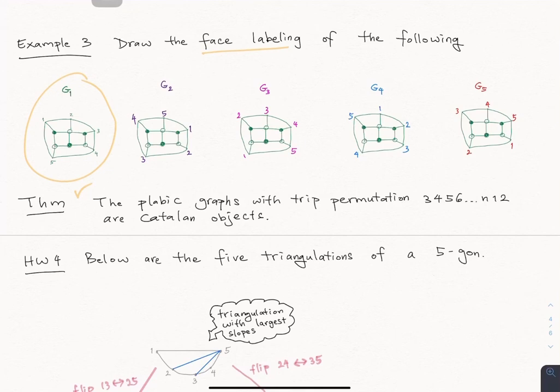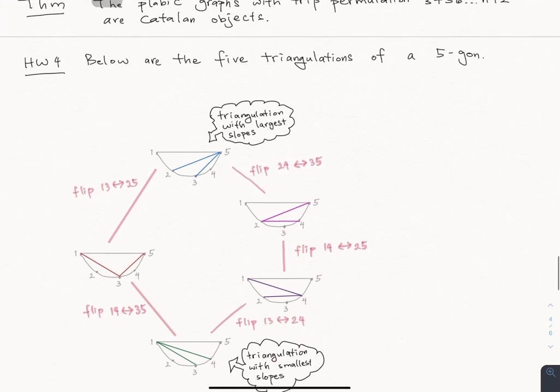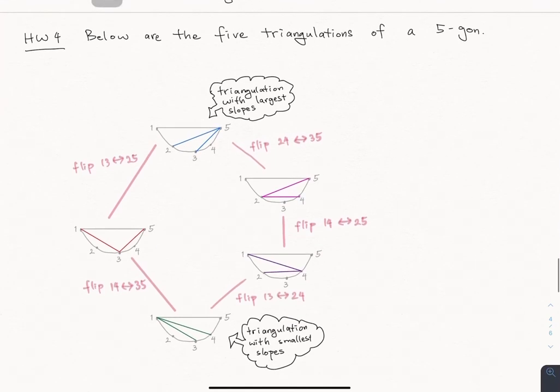So when n is 5, you get 5, and actually when n is 6, you will get 14. And so here are the 5 triangulations of a 5-gon, and we know that triangulations of a polygon are Catalan objects.